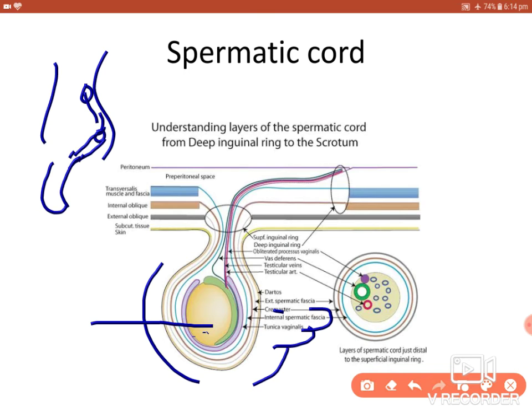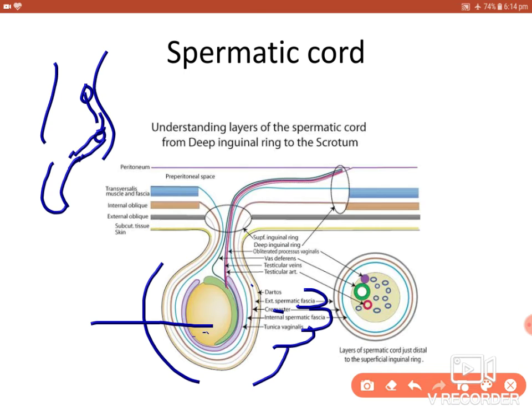Then outermost, the gray color one, is the external spermatic fascia, derived from the external oblique muscle. So these form the coverings of the spermatic cord.